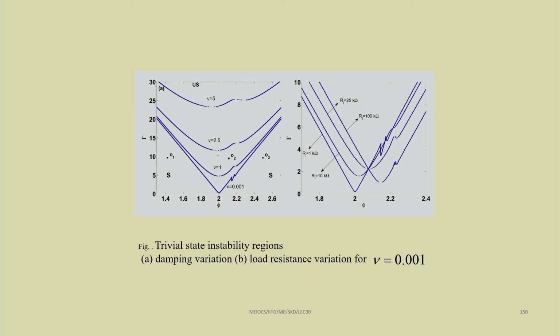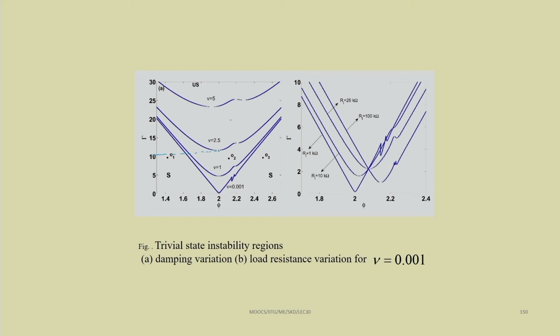For example, if nu equals 2.5, then below gamma equal to 10, whatever the value of the excitation frequency phi, the system will remain stable. It can be used as an energy harvester only if the excitation amplitude is greater than 10. Otherwise, for nu equal to 2.5, it cannot be used as an energy harvester.